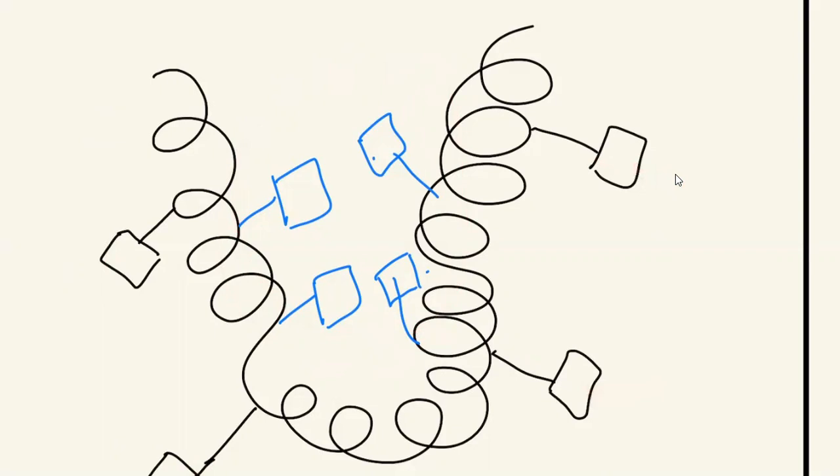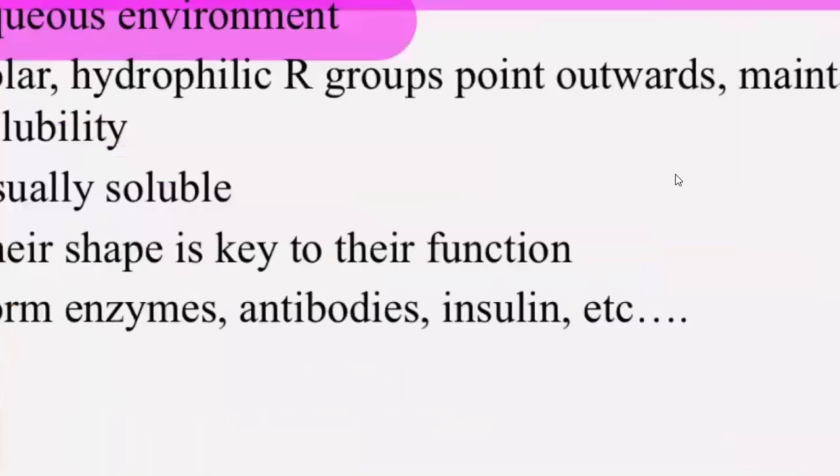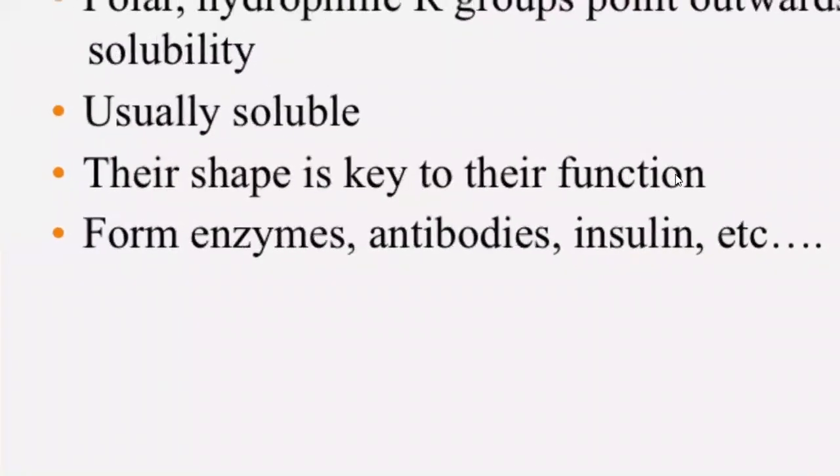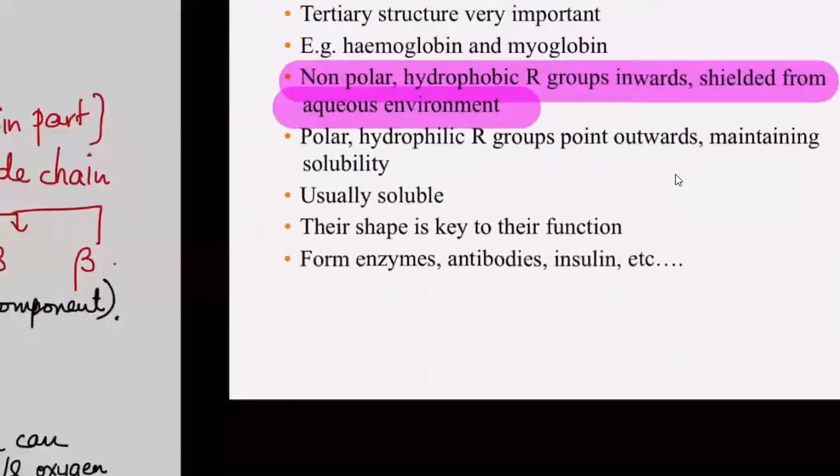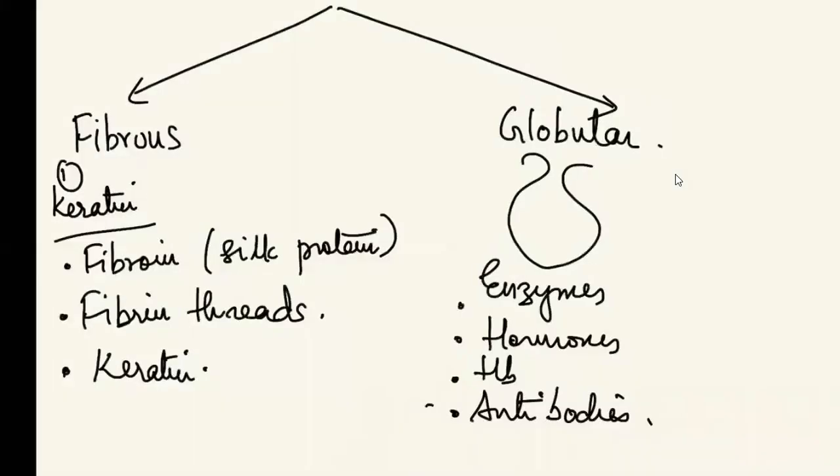So this is common to all the globular proteins. This kind of structure is common to all the proteins which have a tertiary structure. और इसमें जो examples दी हुई हैं, these are the examples: enzymes, antibodies and insulin. ठीक है?